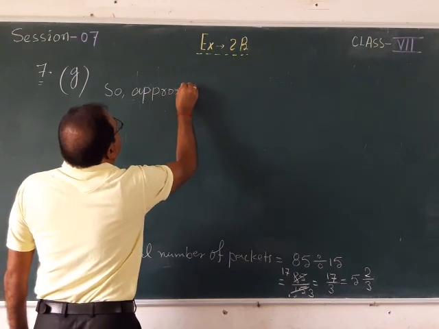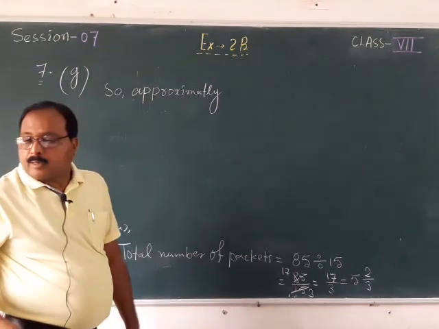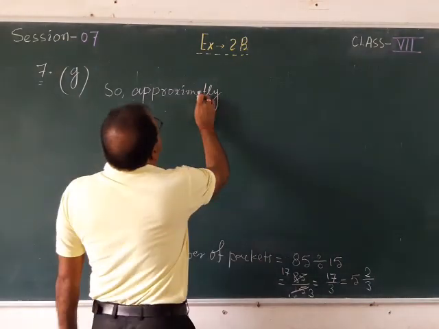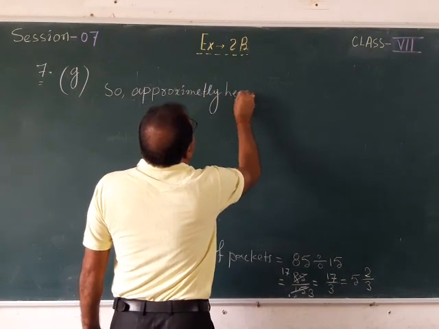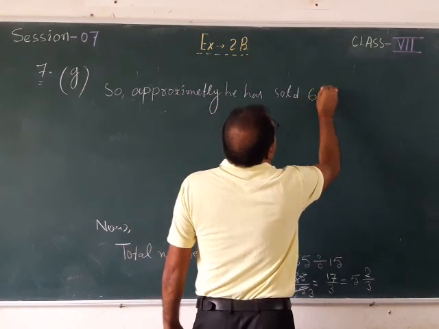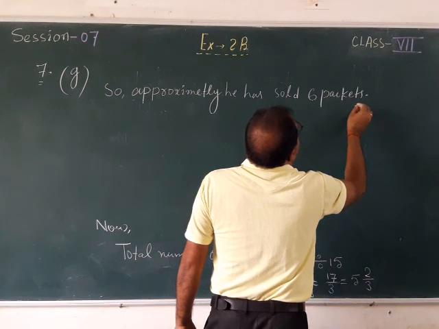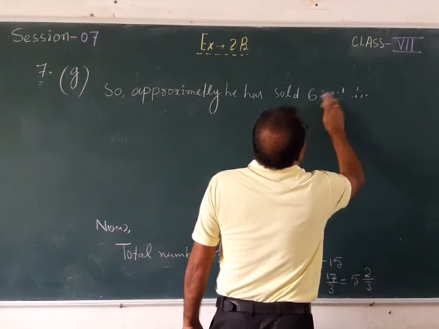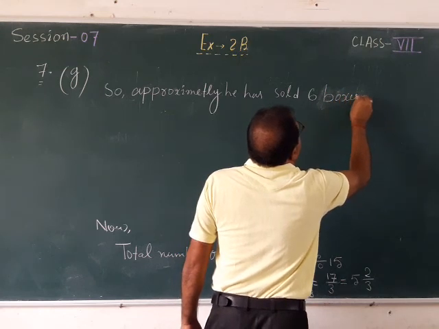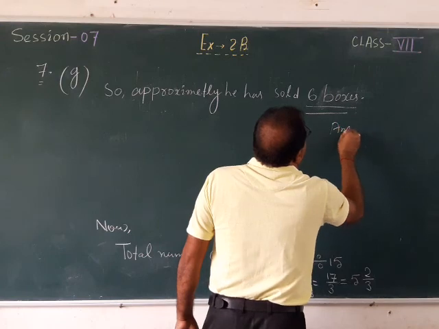So, approximately he has sold 6 packets, or 6 boxes, whatever you can write. In your book it is written boxes, so you can write boxes here. How many boxes? 6 boxes. So, this is the answer of this question.